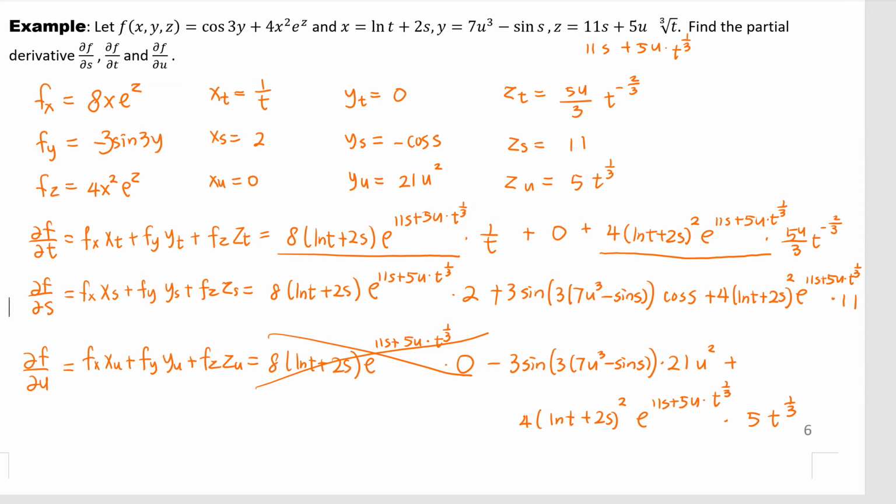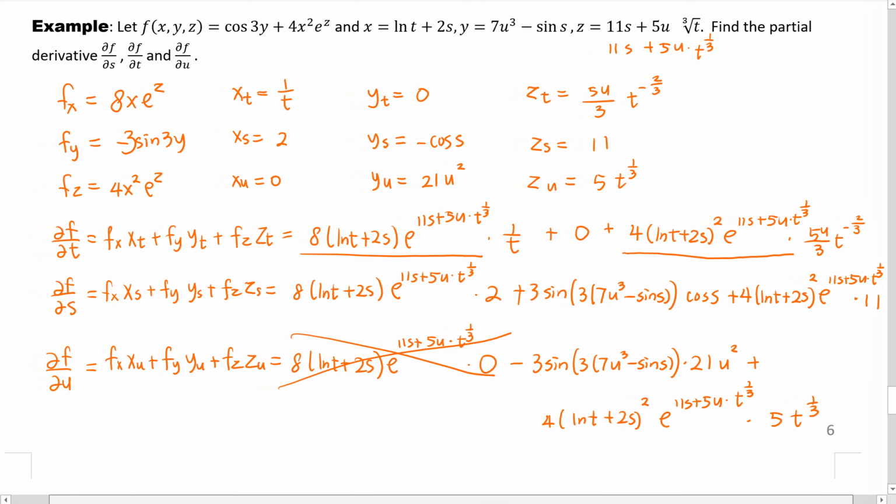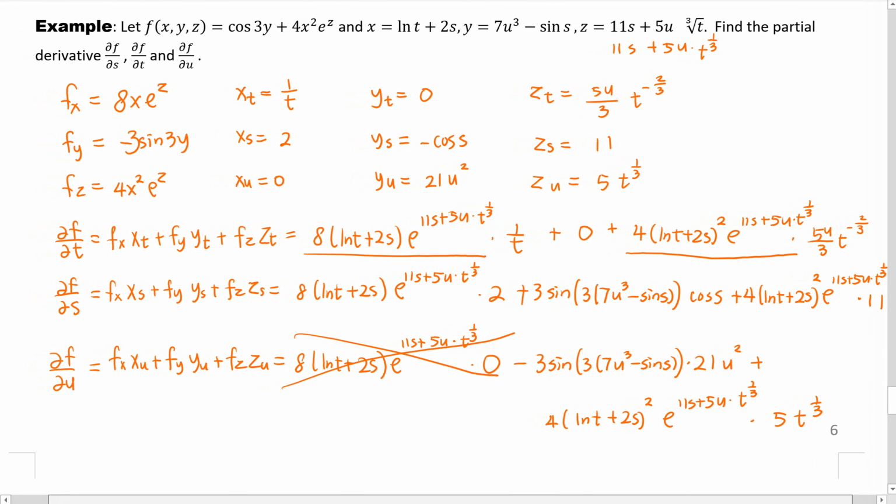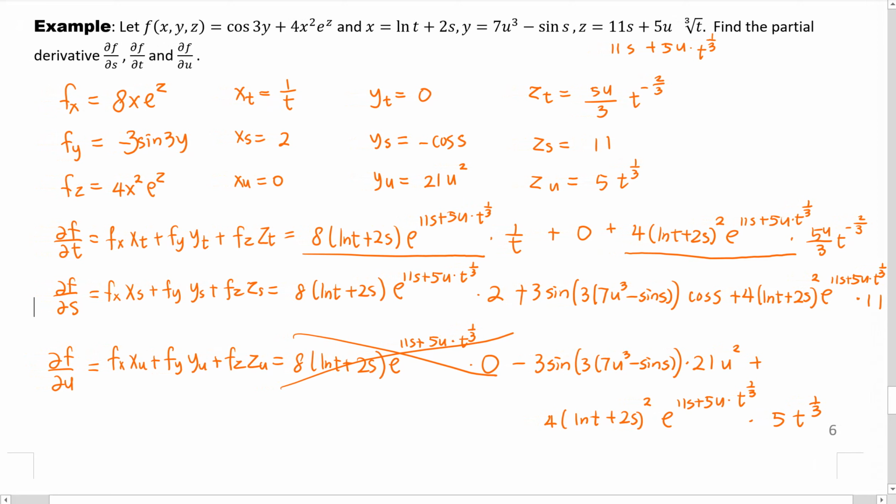Even though you might feel bored, please calm down. And after you're done, check your work, because this process is quite long and it's very likely we might make mistakes. Okay, let's continue. Yes, I would say this is hardest.